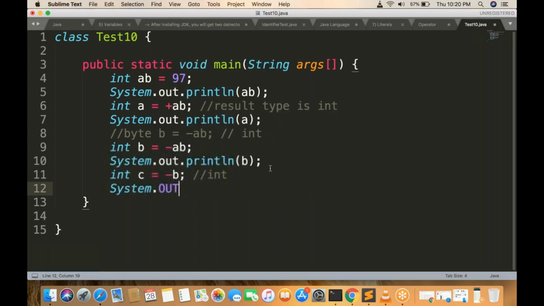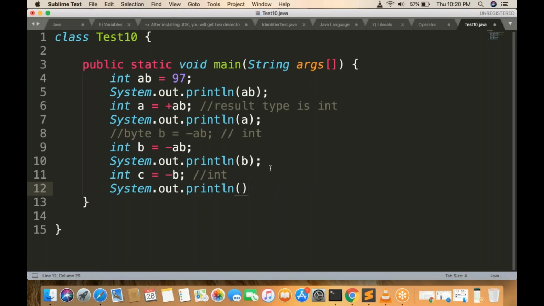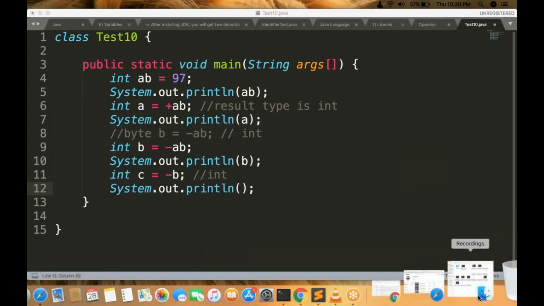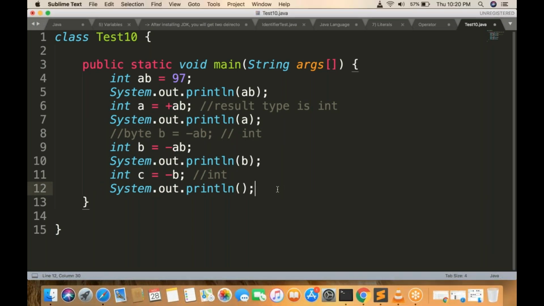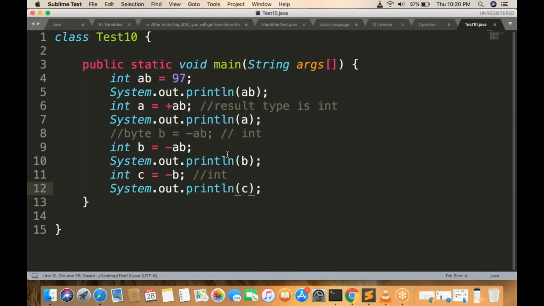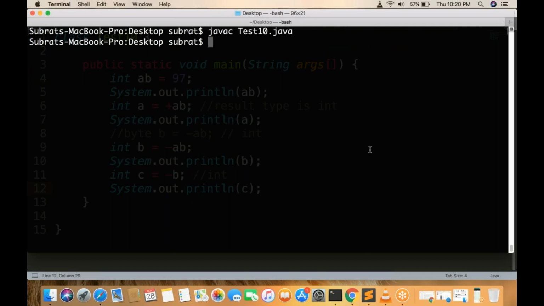And what is the result? 96? How is it 96? Compiled. Where is 96?